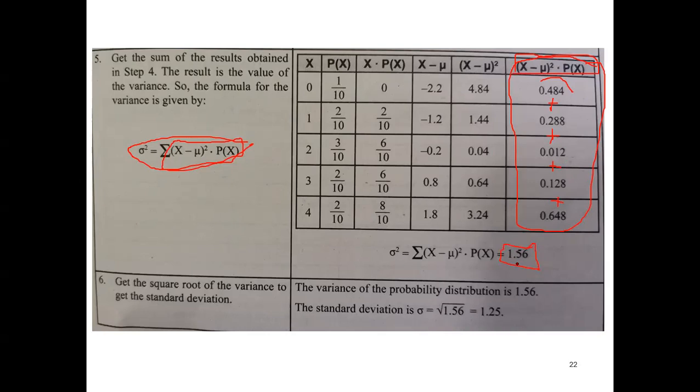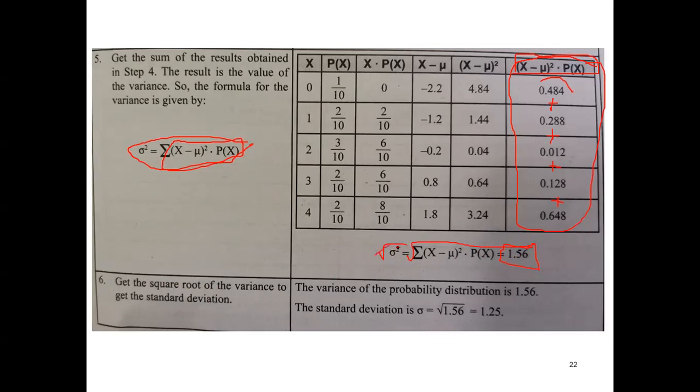Okay. So, step 6. Step 6 is we're going to get the square root of the variance to get the standard deviation. As I said earlier about the formula for the standard deviation, we just take the square root of the variance to get the standard deviation.